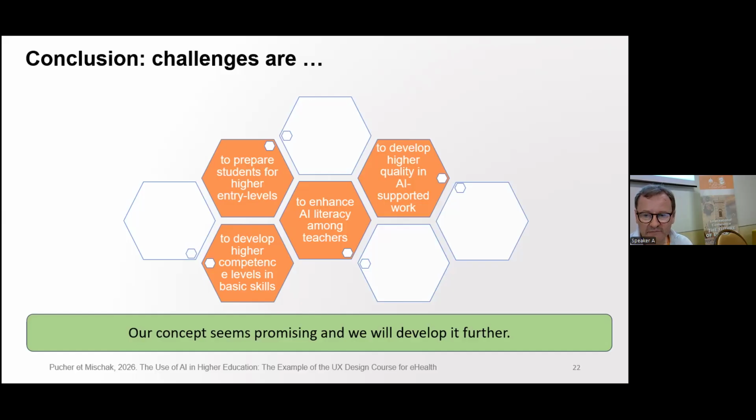And also very important is to enhance the AI literacy of the teachers in the university. And we think that our concept looks promising, and we will develop it further.